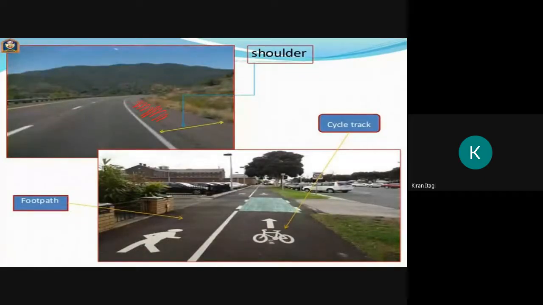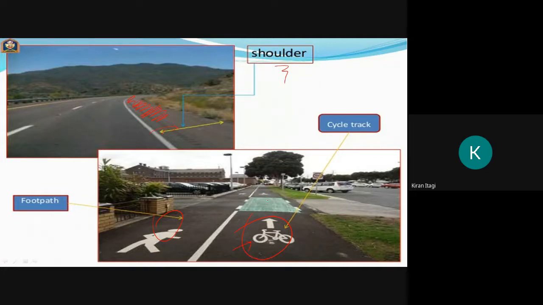Next, what do you mean by the shoulder? It is an extra accessible area for the vehicles to park or to move to the other side of the road. That is nothing but the shoulders. And cycle track, bus track, foot track, generally it is not available in India. In foreign countries, you can see it is marked as a cycle track.